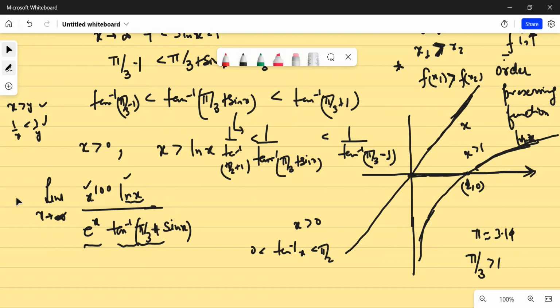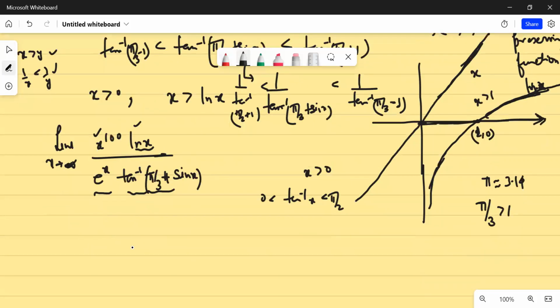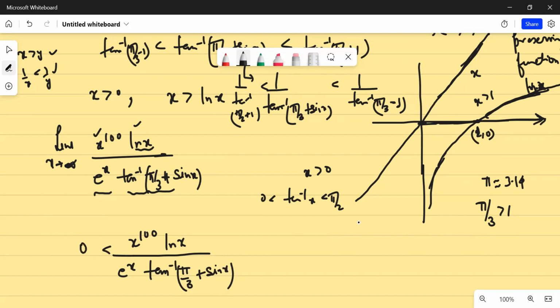So one thing that I'm very sure of is that x raised to power 100 ln x divided by e raised to power x tan inverse pi by 3 plus sin x, this entire thing, in any case, would be greater than 0. This is for sure. On the other end, I have written that x is greater than ln x for all x greater than 0.